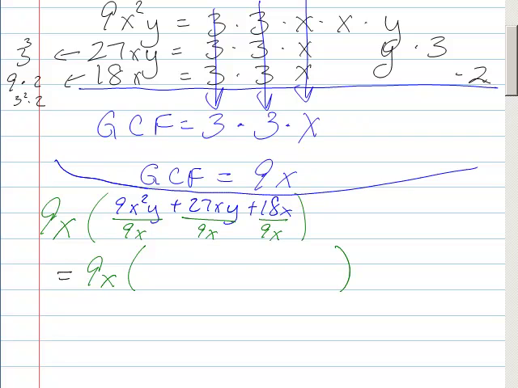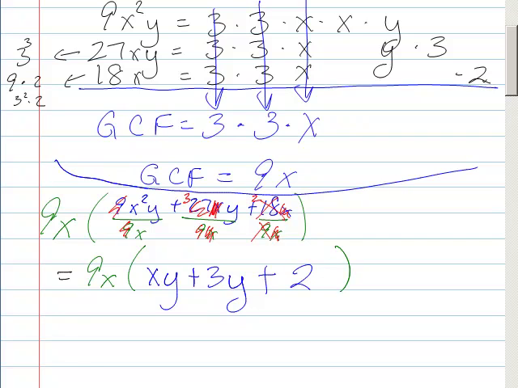On the inside, the 9's cancel out, and the x and x squared become xy, because one of the x's cancels. Then the 27 and the 9 become 3, and the x's cancel, so that gives us 3y. And here, the x's cancel, and the 18 and the 9 become a 2. So that's what we factored out.